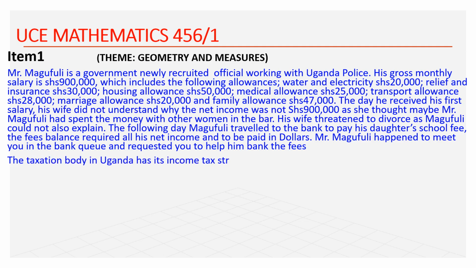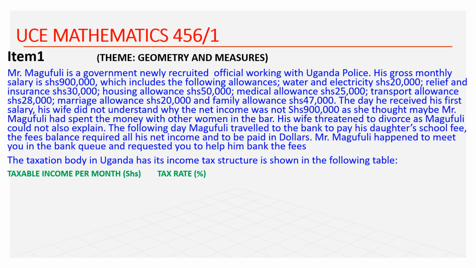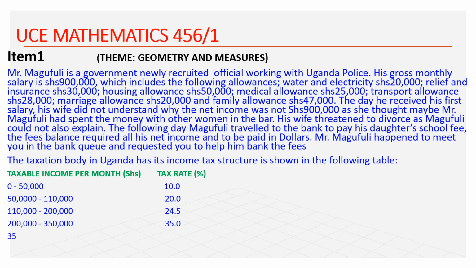The taxation body in Uganda has its income tax structure shown in the following table. Taxable income per month, in shillings, and the tax rate in percentage. From 0 to 50,000, the tax rate is 10. 50,000 to 110,000, 20. 110,000 to 200,000, 24.5. 200,000 to 350,000, 35. 350,000 to 600,000, 40.